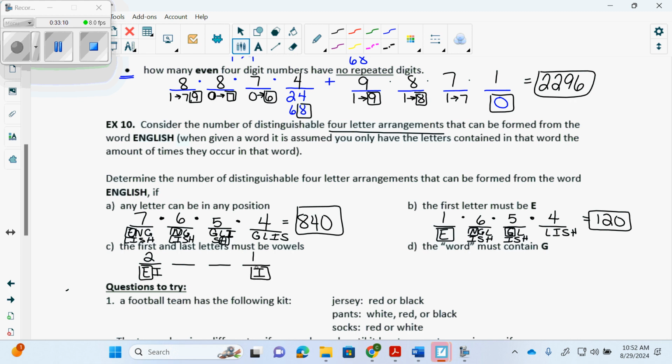Then I box the I. Then I have whatever's just left, right? So NGLSH, which is 5. Say I hold the H, then I have NGLS, which is 4. Which is 40.